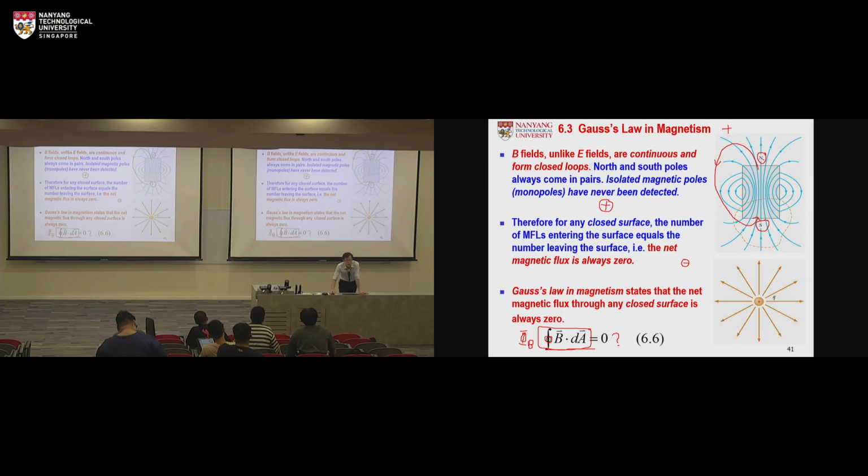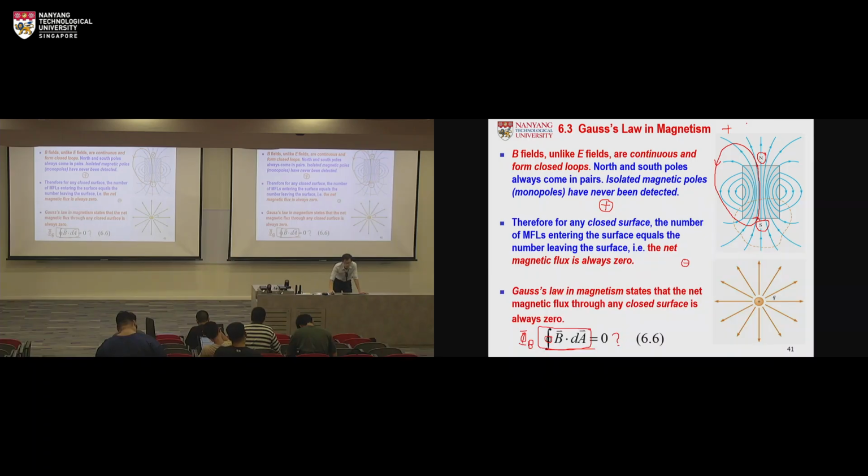If you always have this N and S at the same time, then you can see the magnetic field line is always a loop, leaving from N, coming to S, and then inside from S to N, forming a loop.